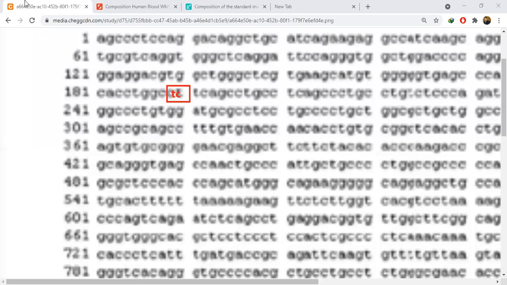For an example, instead of 5 fingers, if a person gets 6 fingers, it is mutation.